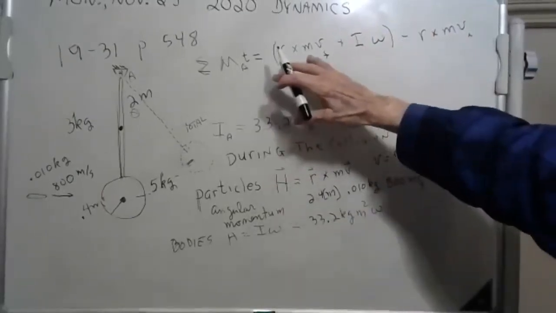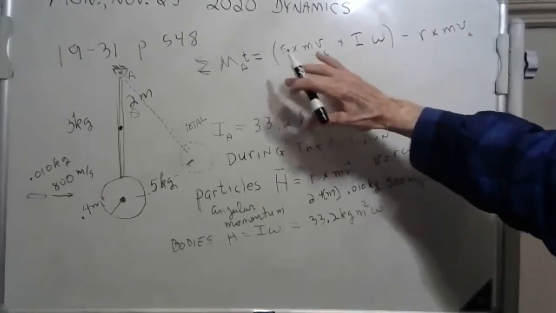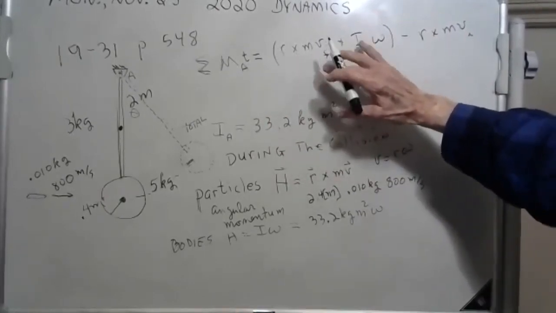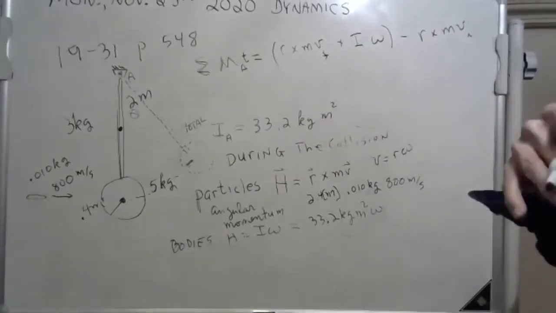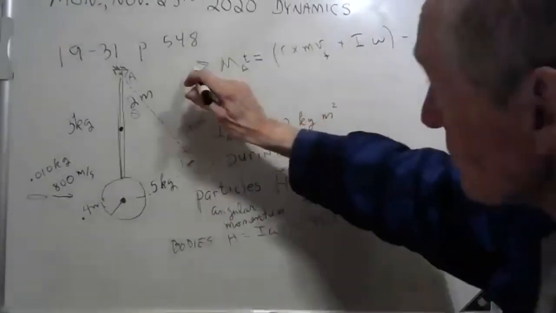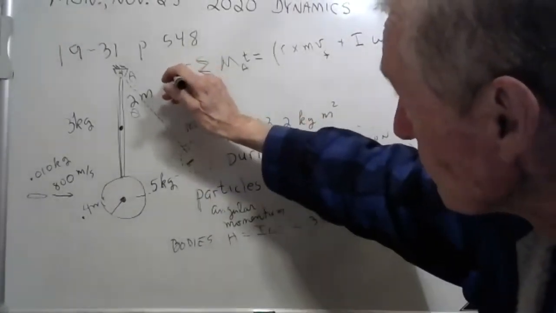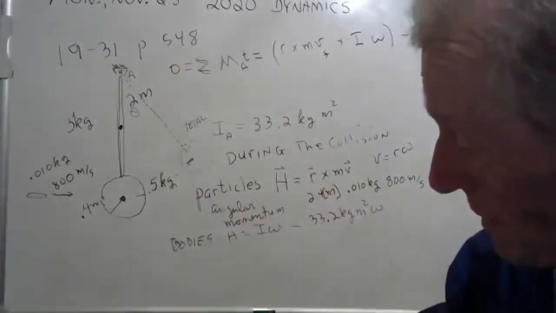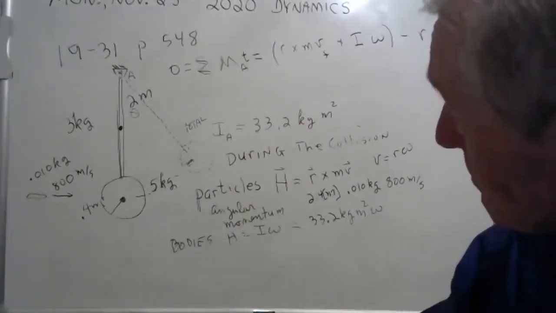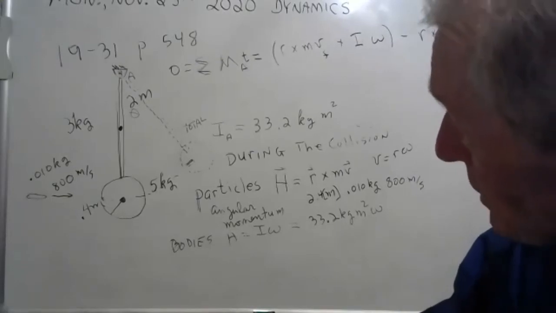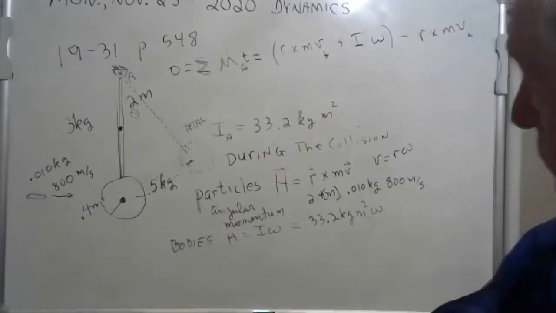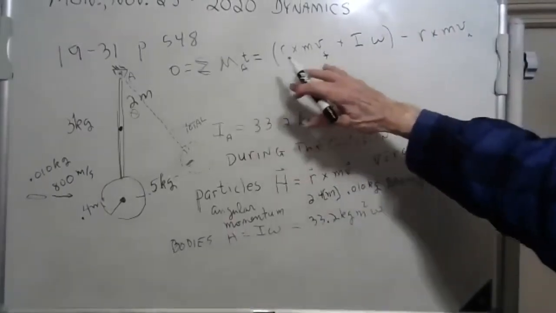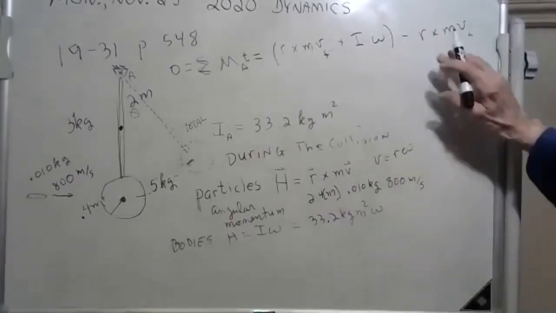The R's we know, the mass of the bullet we know, the moment of inertia of the pendulum we know. And here's the beauty. This is going to be 0 because the sum of all the external moments acting on the pendulum during the collision is 0 because the forces cancel out. So what we have here is all of this is equal to 0.